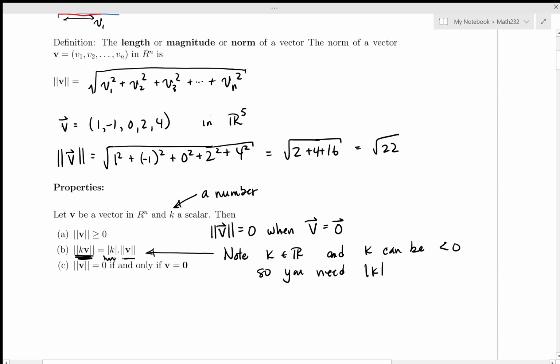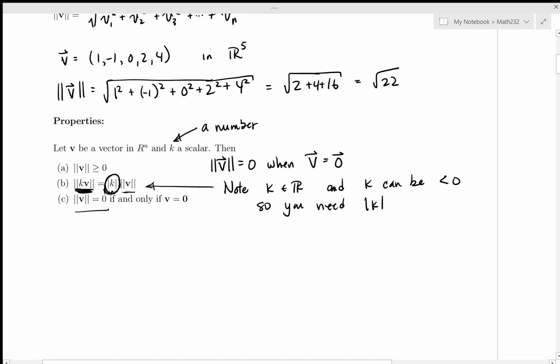Imagine if we didn't do that, and there was no absolute value sign there, then that thing there would potentially be negative, and then you would have a norm being negative. That is not possible. And I said this one already: the norm is equal to 0 if and only if the vector is 0.